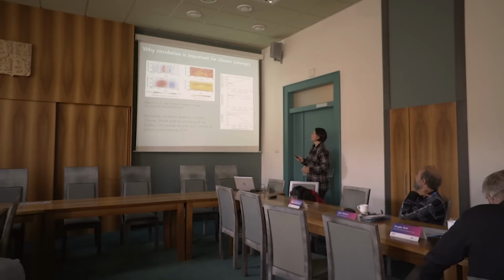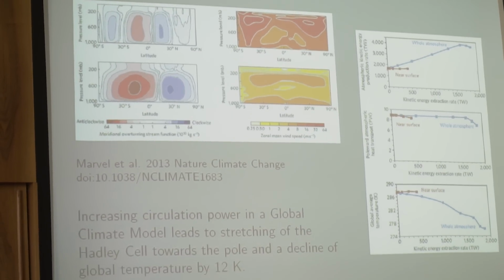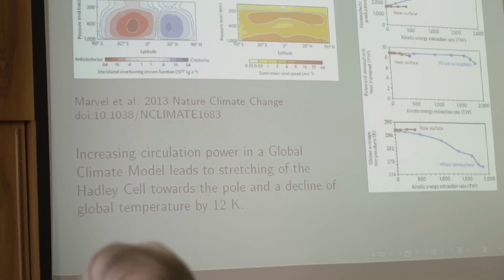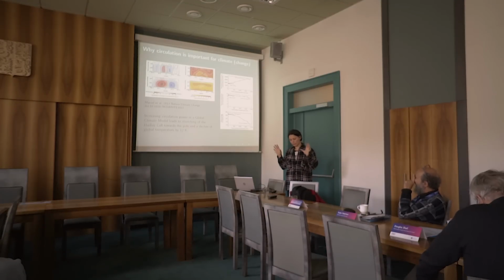So this is why air circulation is important for climate and for climate change. These are results from the study of Marvel et al. in Nature Climate Change, which are mainstream climate group, and they took a modern global climate model.